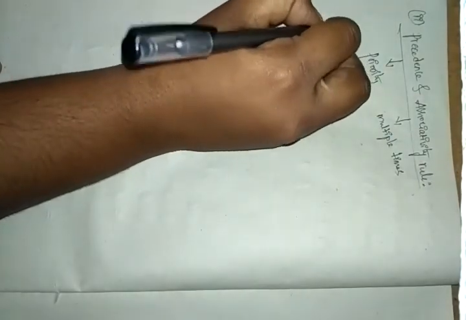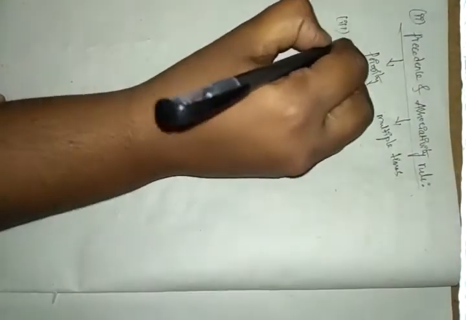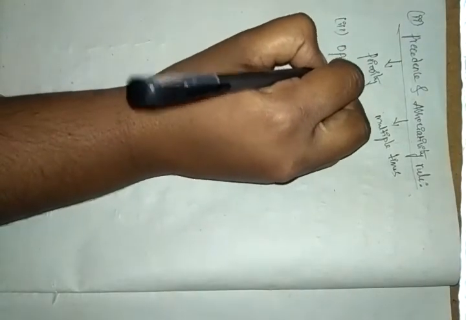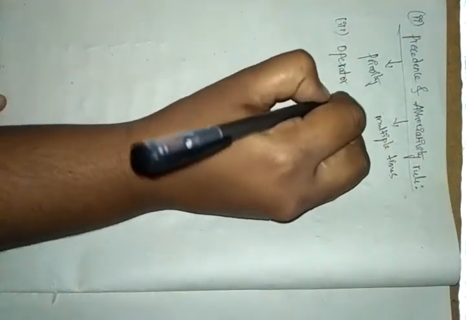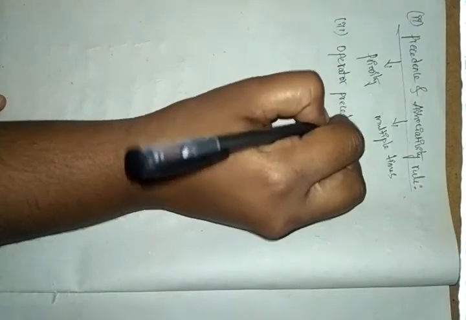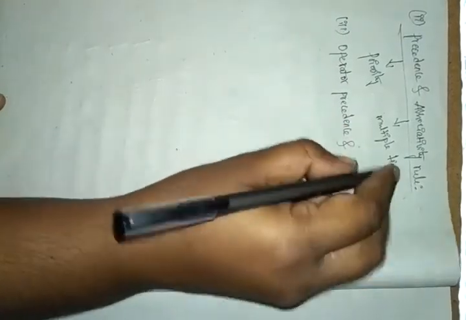And next here we have the third one, operator precedence and associativity.